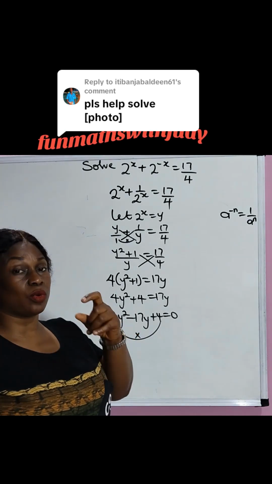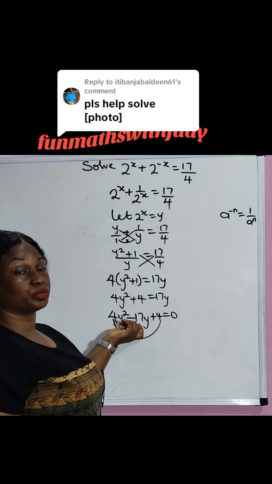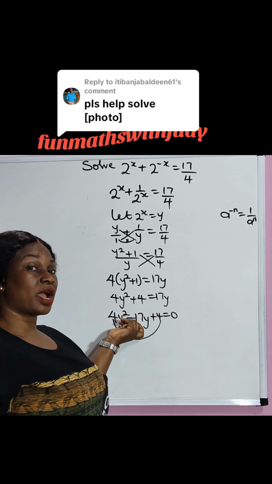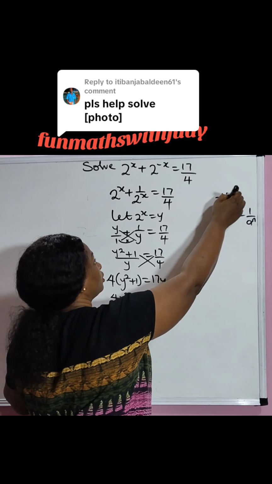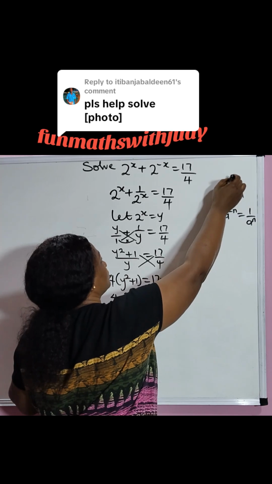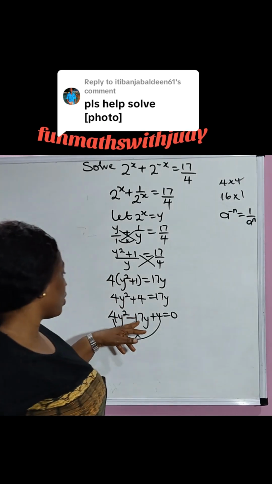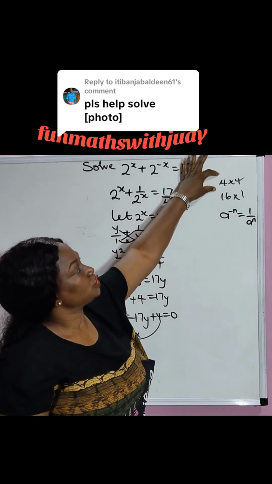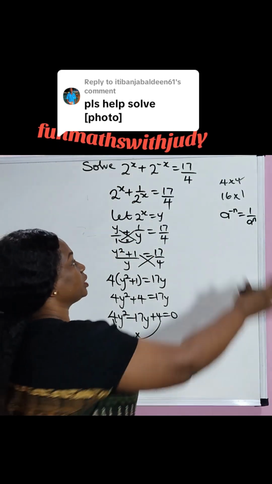Two numbers that when we multiply we have 16, and when we add or subtract we have what? Minus 17. So we have 16 times 1 and then 4 times 4. Since here we have minus 17, there is no way we can add 4 to 4 and have 17. So we take this.